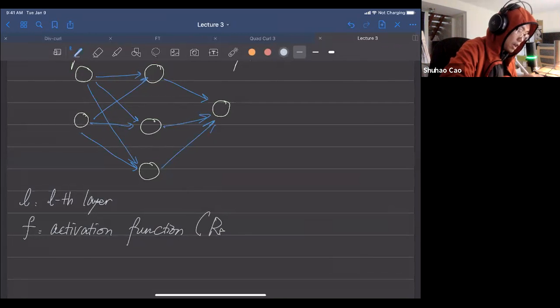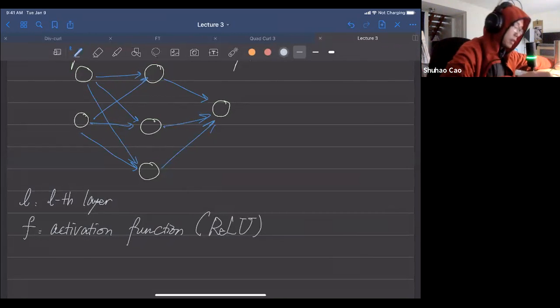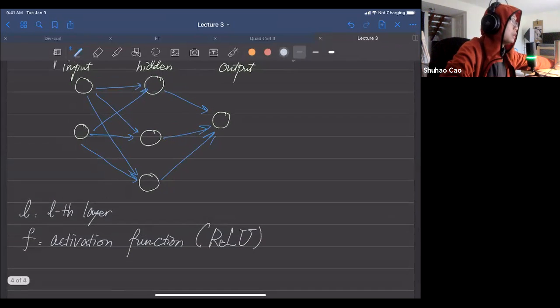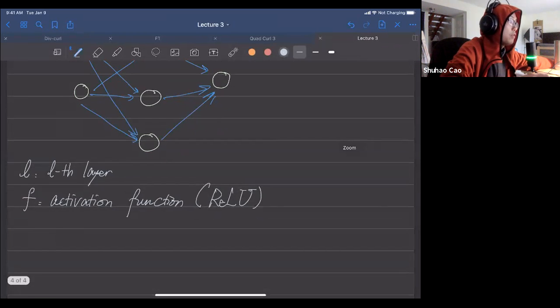In the coding lecture, we used ReLU as our activation function, and using vectorized notation, we can have our function represented in the following way.